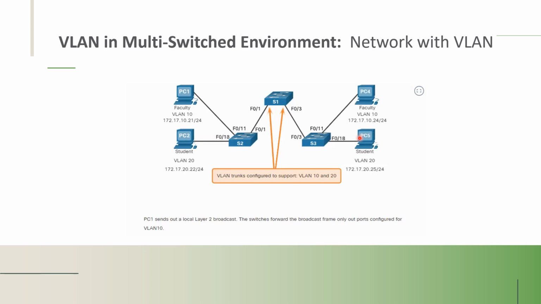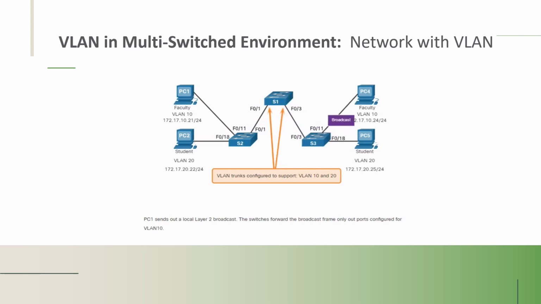When a broadcast frame is sent from the faculty computer, PC1, to switch 2, the switch will forward that broadcast frame only to those switch ports configured to support VLAN 10. So let's see the animation and see the difference between the network without VLANs and the network with VLANs.